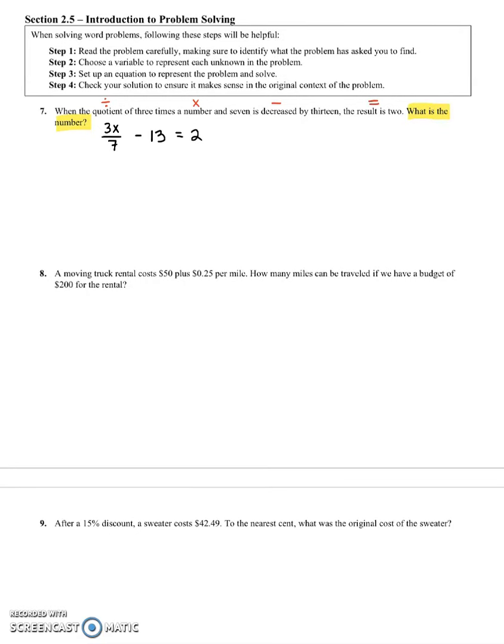So what's the first thing we should do? Well, by our rules of solving equations, we should add 13 to both sides using the addition property of equality. So we have 3 over 7 x equals 2 plus 13, which is 15.